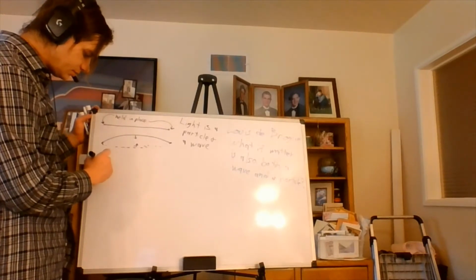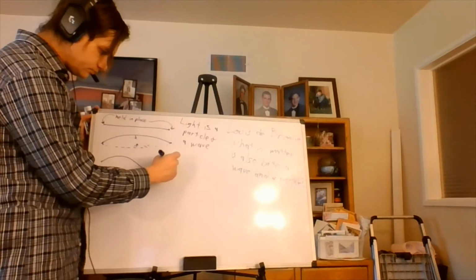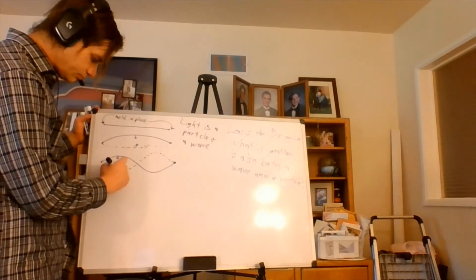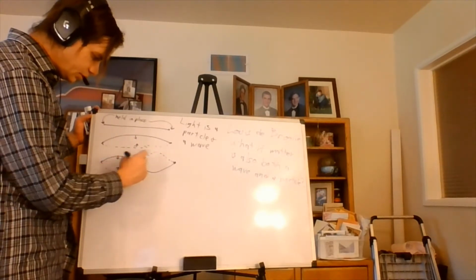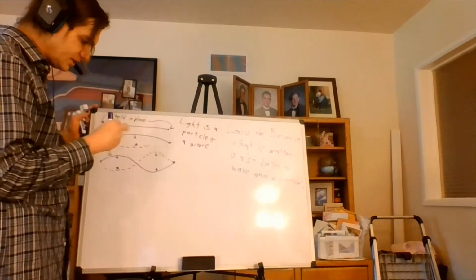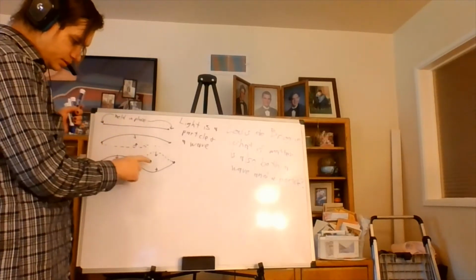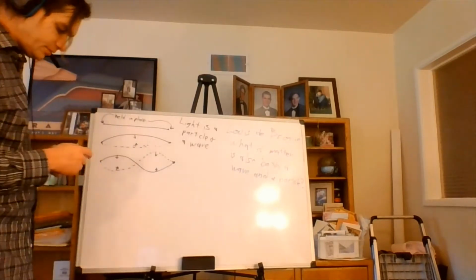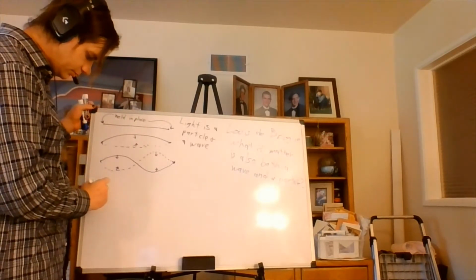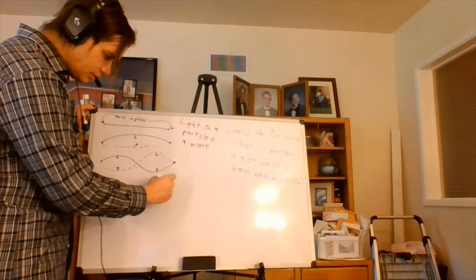Another stable pitch is where you get something like this, where what you have looks basically like a sinusoidal wave, where you have one full wavelength. And then, of course, there are other ways to get it.